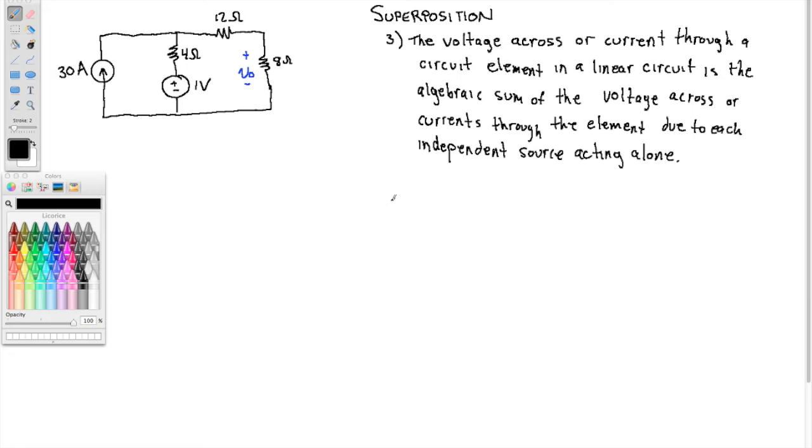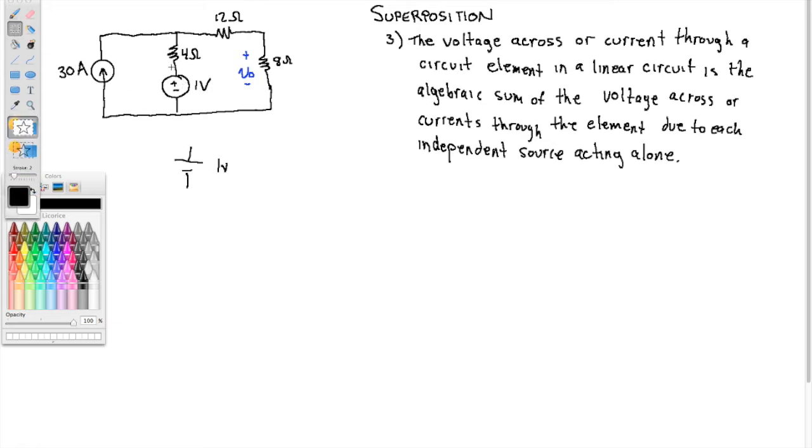Okay. Remember this circuit here? And actually, I apologize. I realized earlier that I wrote this 1 volt source with this symbol. There are two ways of writing a voltage source, this way or that way. They're equivalent.